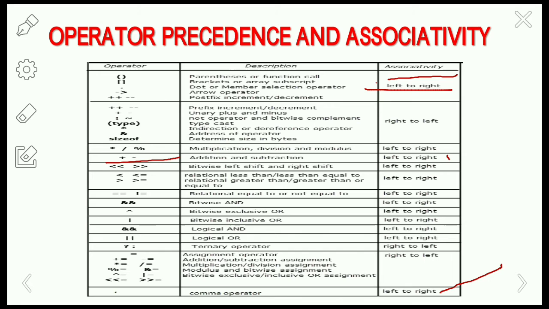The parenthesis and dot operator, postfix increment or decrement, and arrow operator have the highest priority of all the other operators. And if you observe here, postfix increment and decrement have higher precedence than prefix increment and decrement.